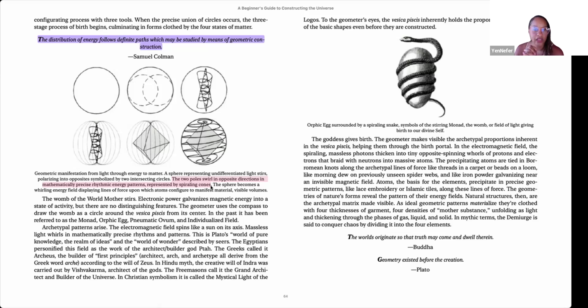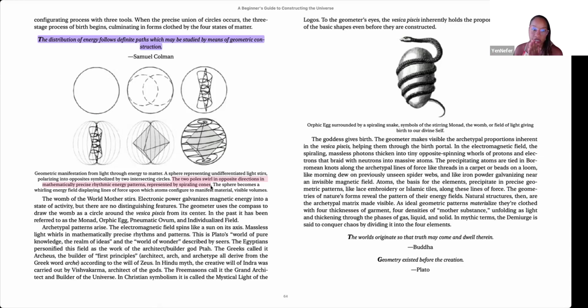So that sphere becomes a whirling energy field displaying lines of force, upon which atoms configure. It's moving, making the atoms arrange and get into their arrangements.